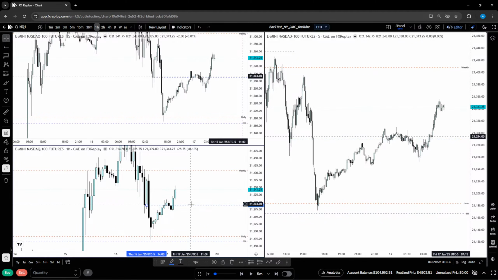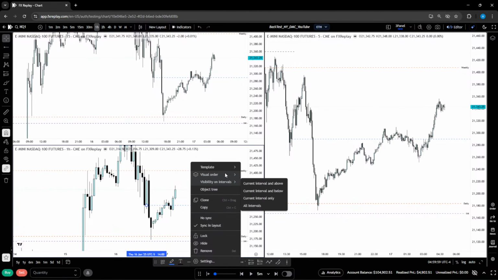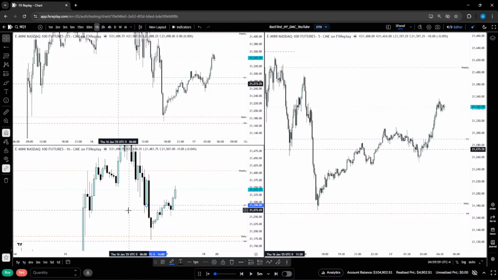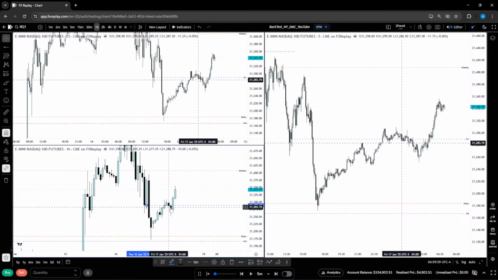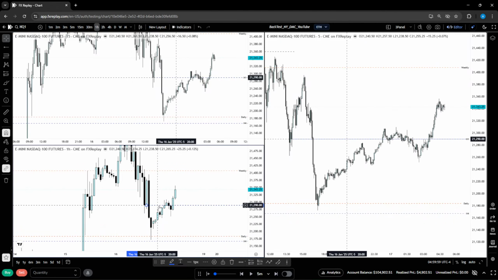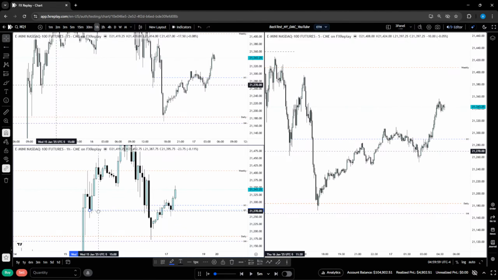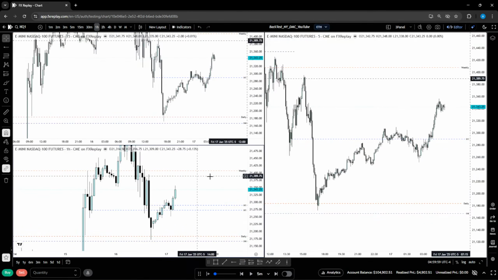So there was an hourly level here. There was also an older one.